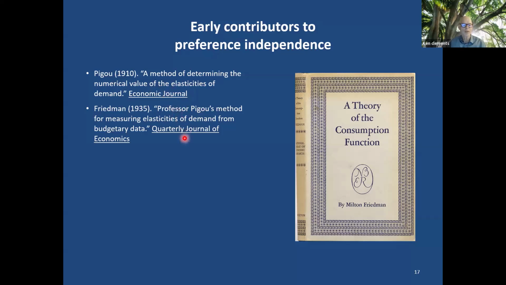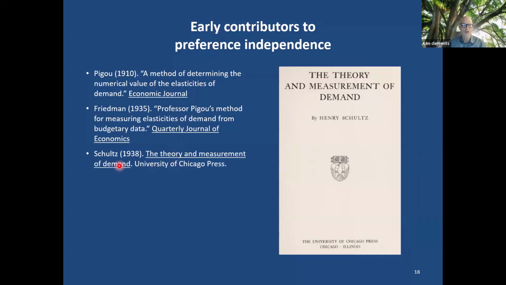So Friedman published the article in the QJE, and Friedman was a research assistant to Schultz when Schultz was carrying out the work to write this monumental book of his, The Theory and Measurement of Consumer Demand, or Theory and Measurement of Demand.